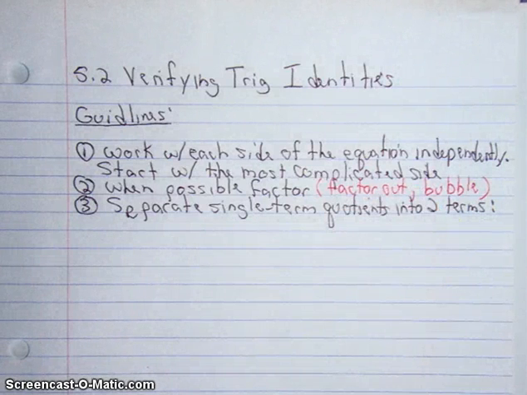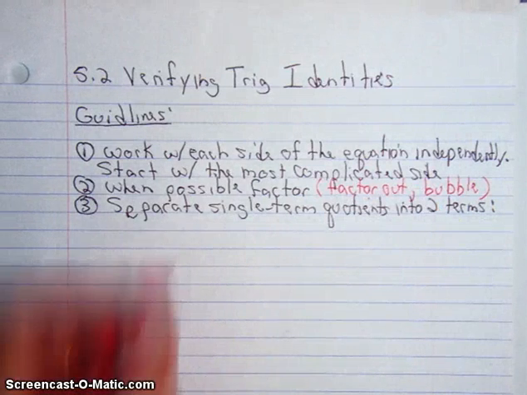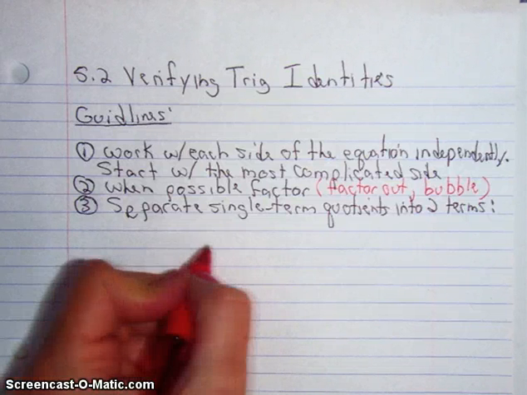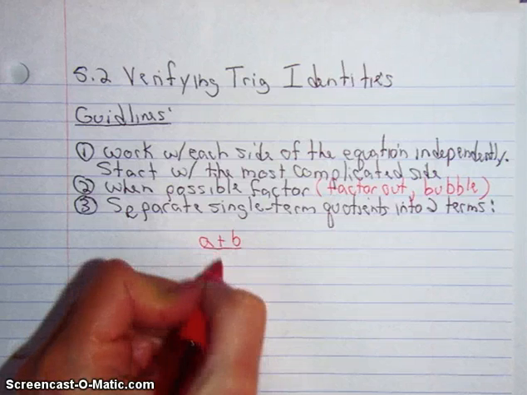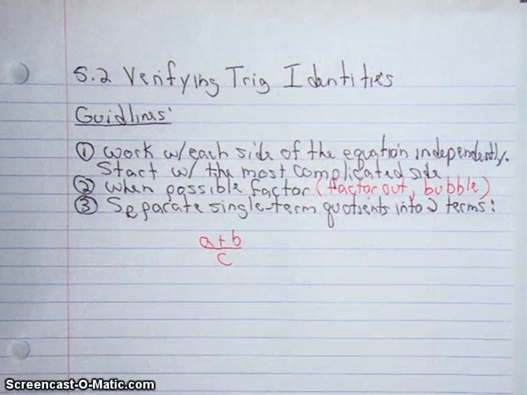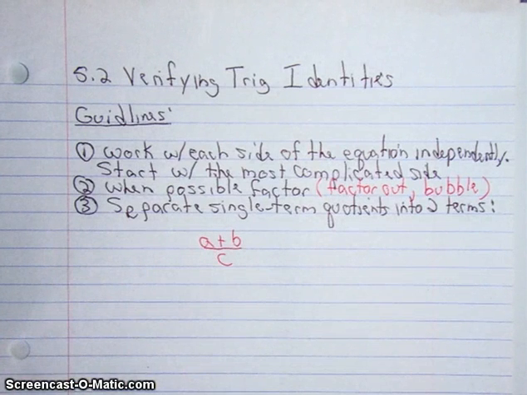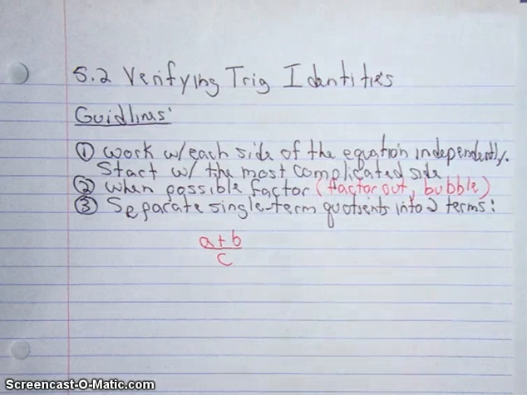And let me show you what I mean. Take something like this, a plus b over c. Now, this only works when you have 2 terms in the numerator. You can't do this when you have 2 terms in the denominator.